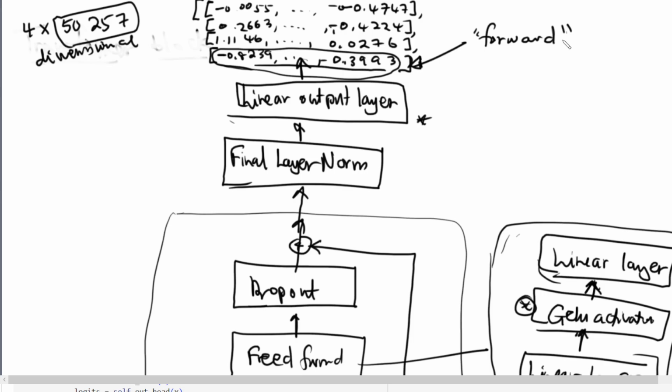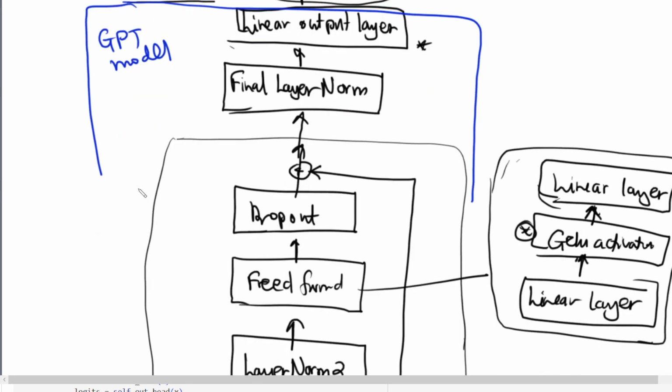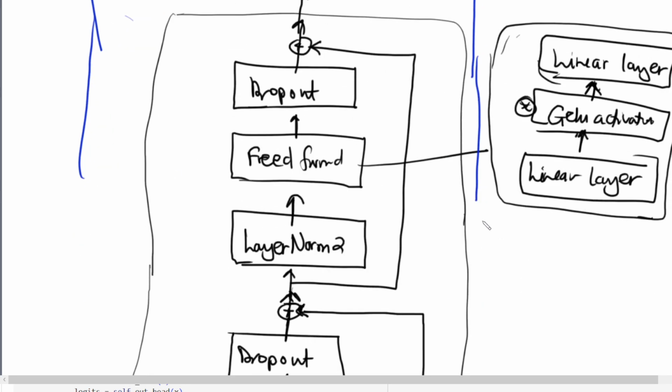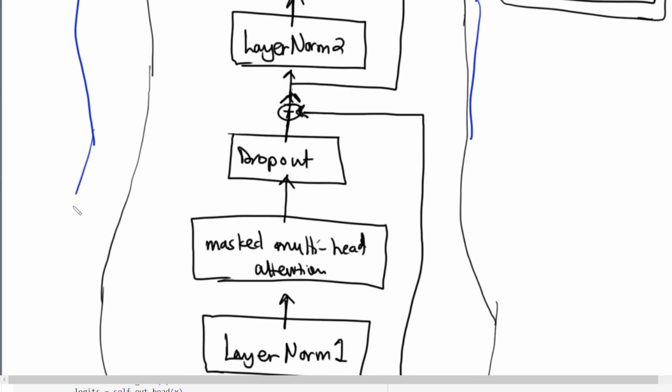So now let's highlight what the GPT model is. The GPT model actually starts, it is everything right here. So this whole thing is the GPT model. Let's scroll all the way down. All of this is a GPT model, including this transformer block that we have going all the way down.